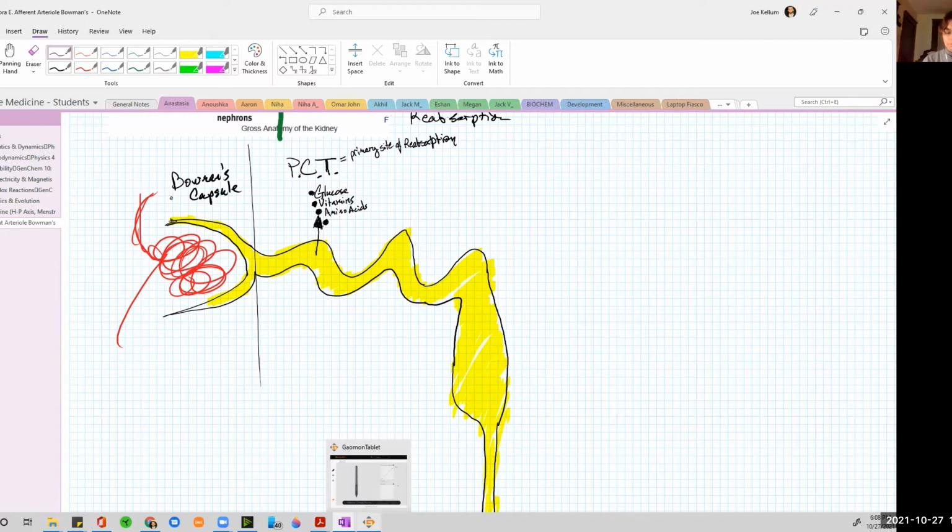I kind of gave most of that away just now by saying they're bound to proteins, proteins don't get in. So it's pretty much right here is the cutoff. You do get some disaccharides in here and oligopeptides, meaning small chains of amino acids, will get into the tubule, but you shouldn't in a healthy person ever get protein or cells of any kind in the tubule.